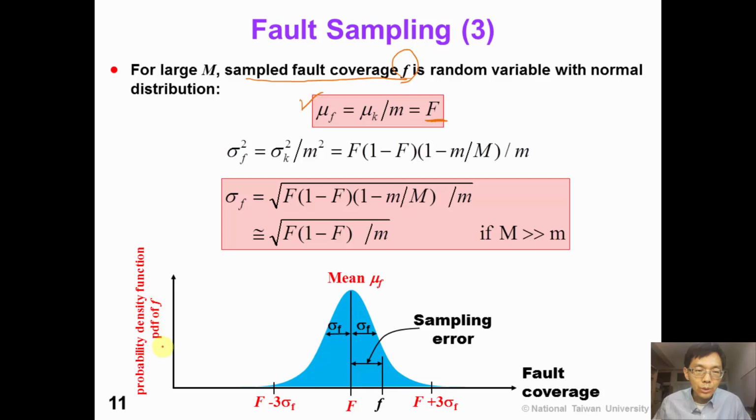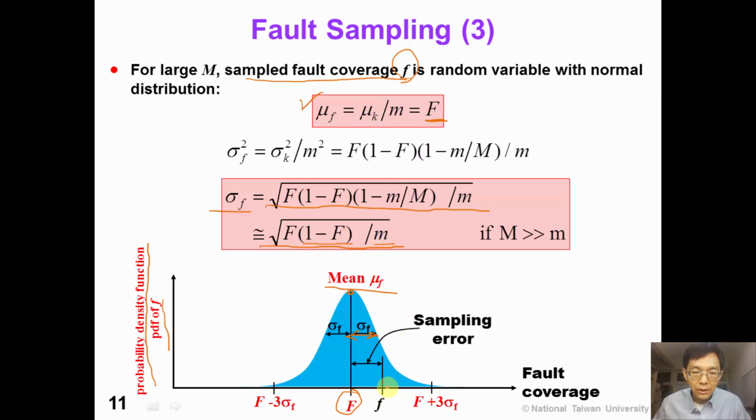From this figure, we show the probability density function, PDF, of the sample fault coverage. In the middle is the mean, mu f, which is the actual fault coverage, big F. And the standard deviation, sigma f, is equal to this, which can be approximated by the square root of f times 1 minus f divided by small m.